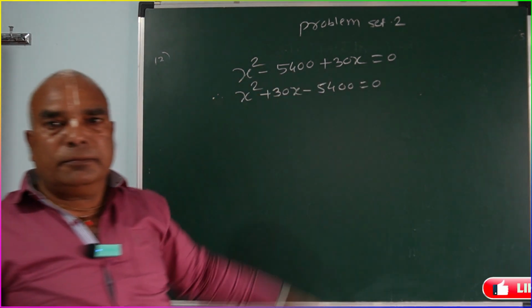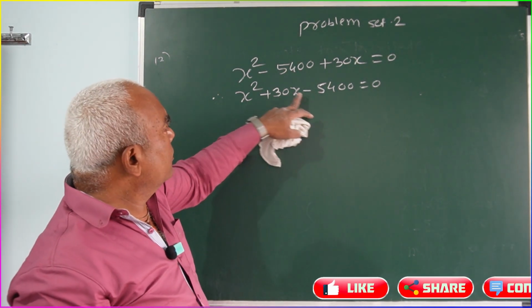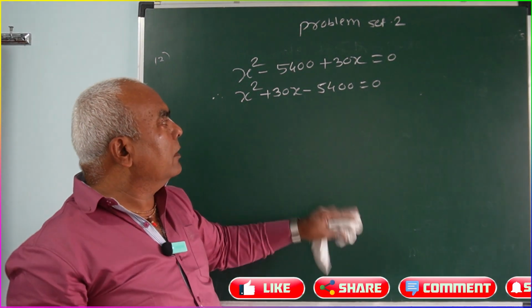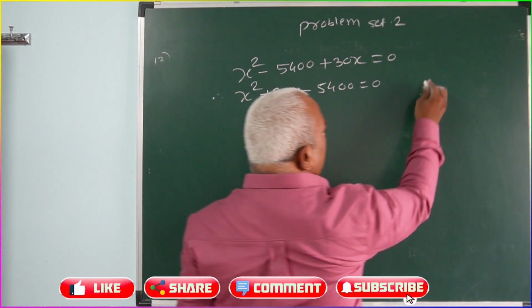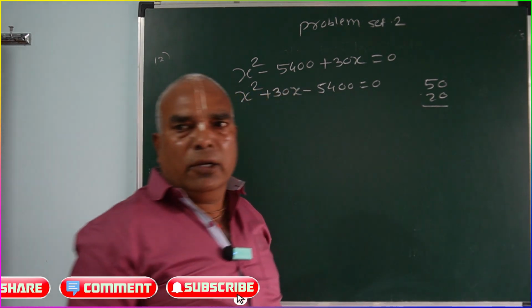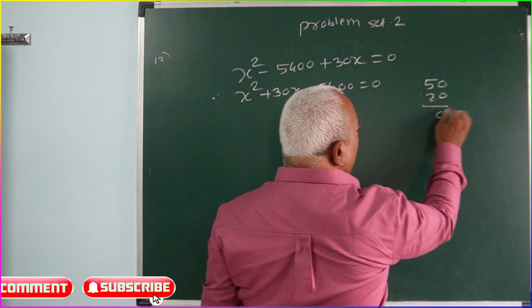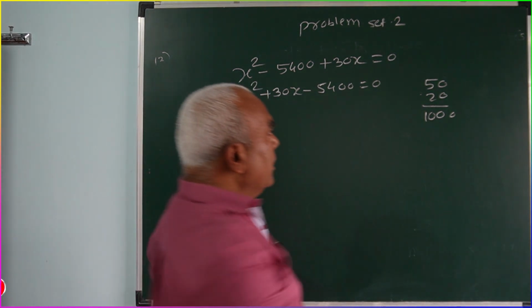Here is a minus sign. Minus sign means there are two numbers whose subtraction is 30 and multiplication is 5400. Take any numbers, suppose 50 and 20. Subtraction is 30, multiplication is 1000. We want 5400, so increase the numbers.